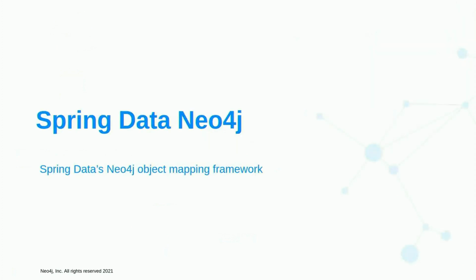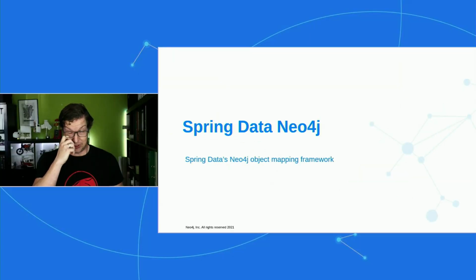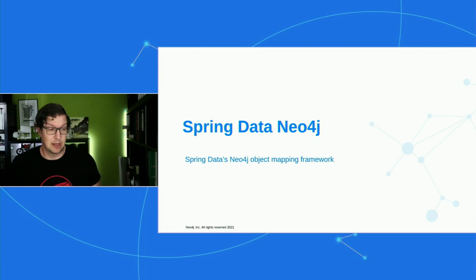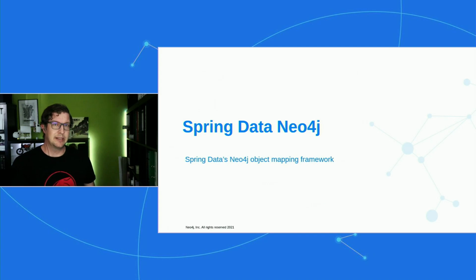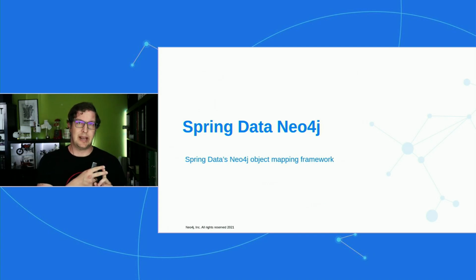So taking things a little bit further, as I said, I'm working at Spring for Neo4j, at Spring Data Neo4j. So Spring Data Neo4j takes it a little level higher. What you have seen before is I use a driver or I use procedures to create an instance of the actor by hand.